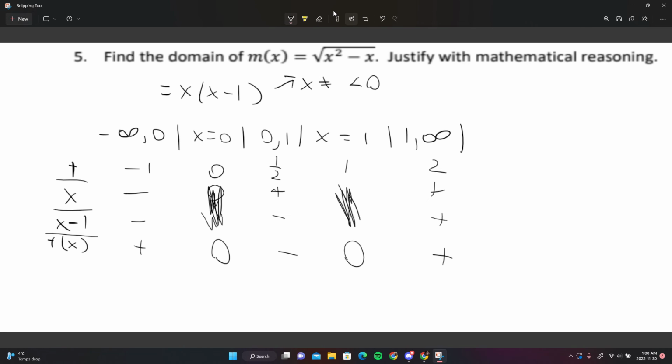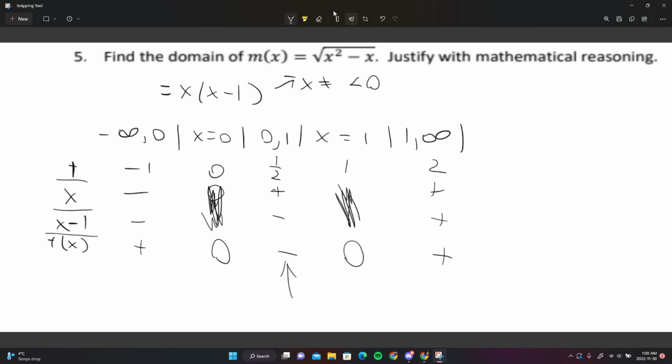So our positive intervals are between negative infinity and 0, and 1 and infinity. And we know that our negative interval is between 0 and 1, right? Since our function can't be negative inside a square root, we can't include this section in our domain.